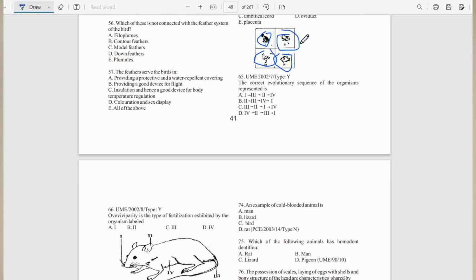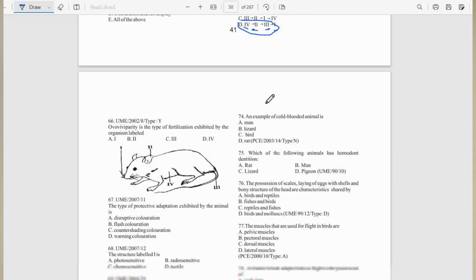That means from the least to the most advanced. The least is 2, that's here. No, sorry, the least is 4, that's fishes. So 4 is the first one, followed by amphibians, and that is Roman figure 2, followed by birds, that's Roman figure 3, followed by mammals, cats, Roman figure 1, and the right answer here would be option D.